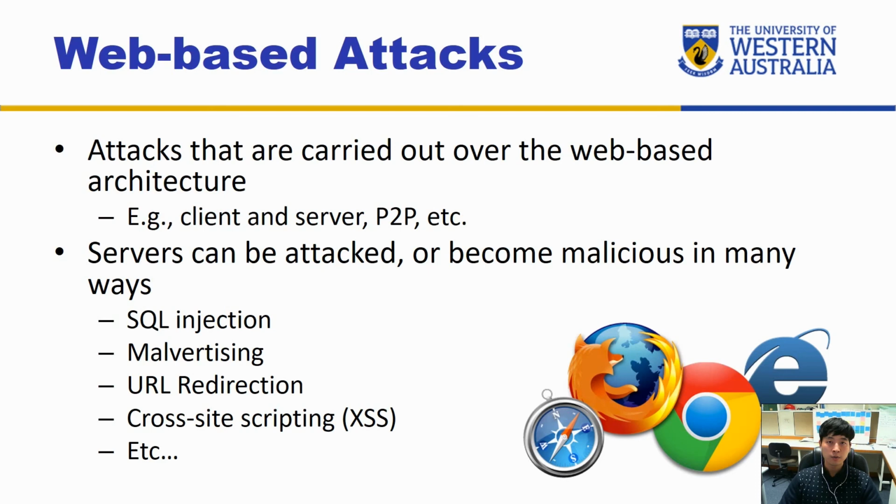In those scenarios, typically you have a client and server architecture. So you'll be interacting with a server, and servers can be attacked or become malicious in many ways. So SQL injection is one of the most utilized attacks in this case, but also includes malvertising, URL redirection, cross-site scripting, and so forth.